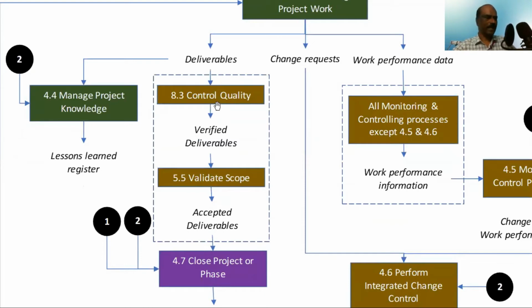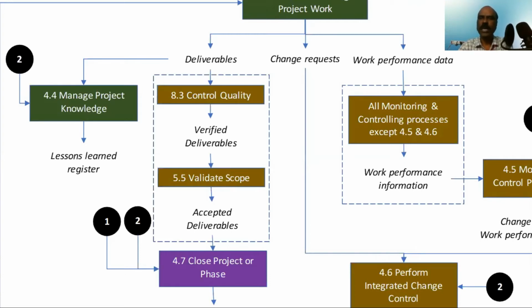Somebody has to inspect and then say, okay, this is good, this is meeting the criteria, this is as per the requirements. Somebody has to check it. Maybe you have a concrete slab, somebody has to check whether the dimensions are correct, whether the thickness is correct, whether the strength is adequate. So you need to do a lot of inspections.